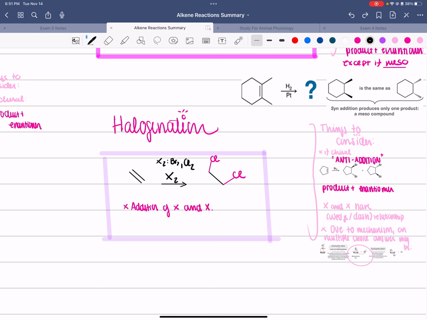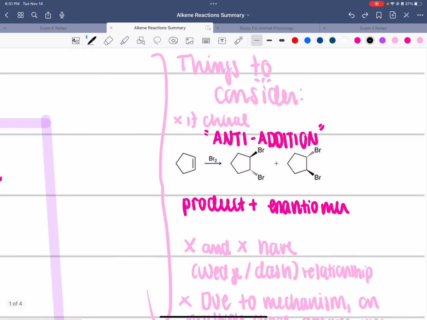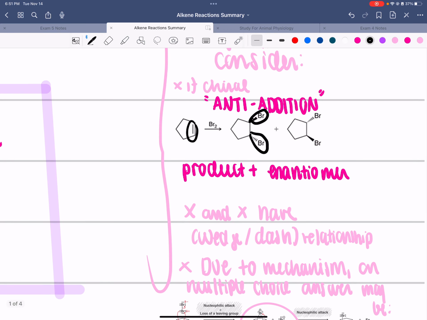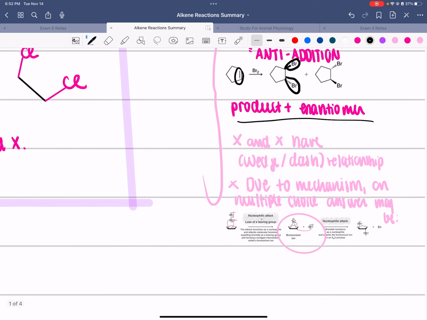So in this case, for example, if we're doing Br2, we'll break our double bond, of course, and then we'll add on one side our bromine on a wedge, and then on the other side a bromine on a dash. So therefore they need to have that wedge and dash relationship, so we can get our product plus enantiomer.